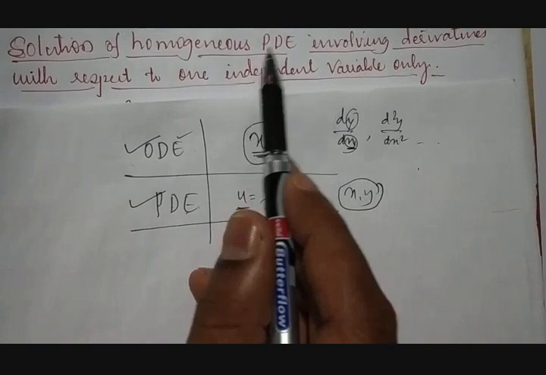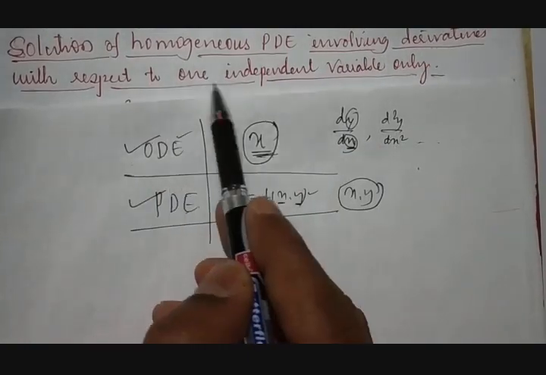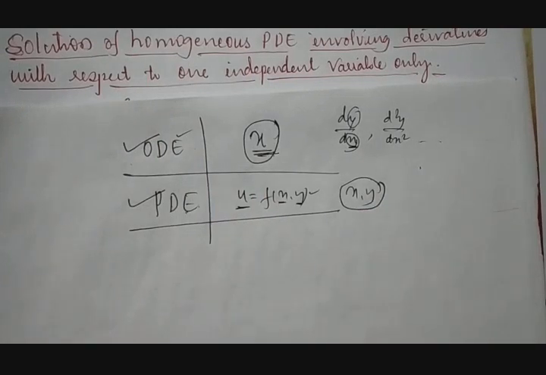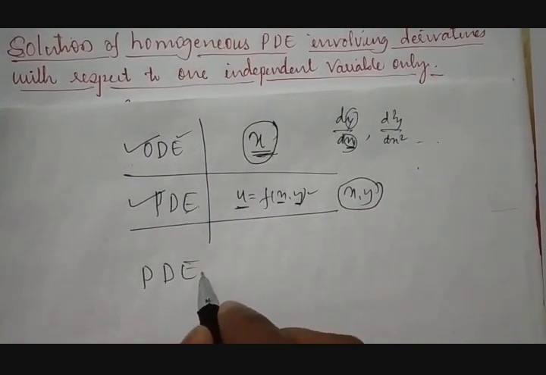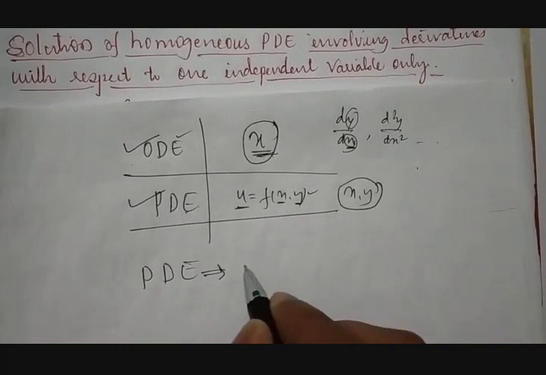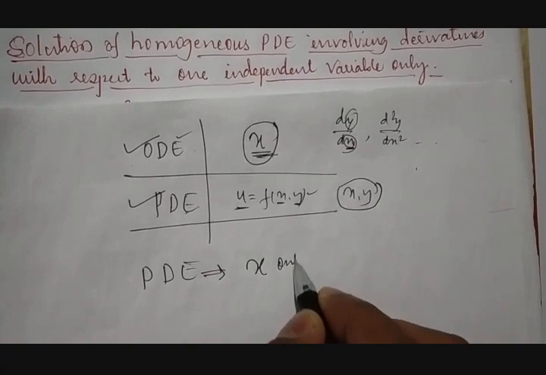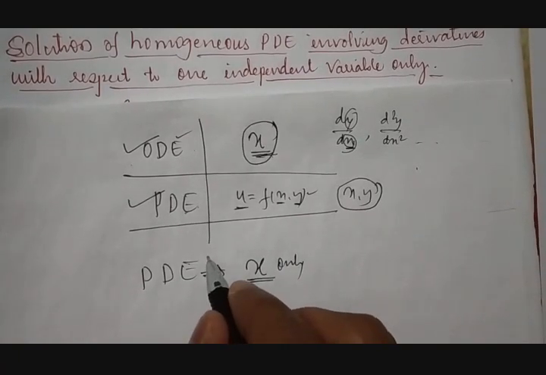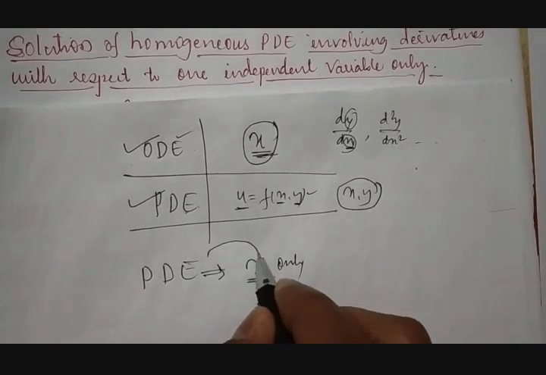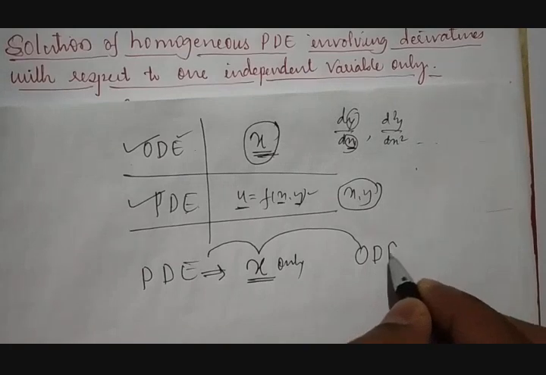But what does this statement say, partial differential equation involving a derivative with respect to one independent variable, means what? There will be a partial differential equation. In this partial differential equation, there will be only one independent variable. Only one independent variable means what? This partial differential equation with a single variable will be taken as an ordinary differential equation.